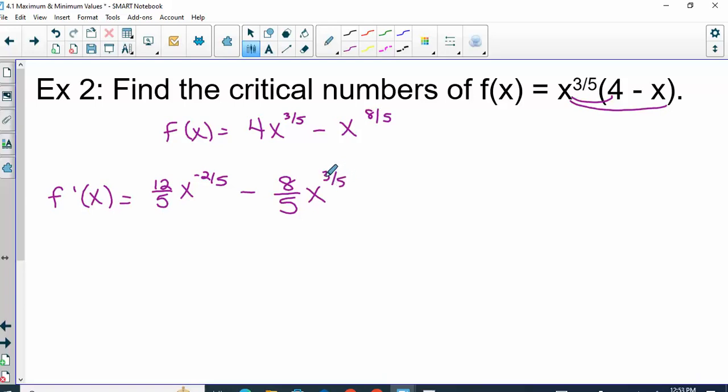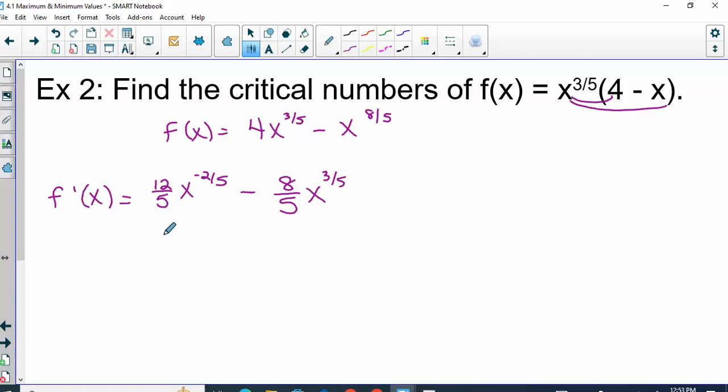Alright. How would I go about finding any critical numbers from this? You guys have thoughts? It's kind of ugly, isn't it?